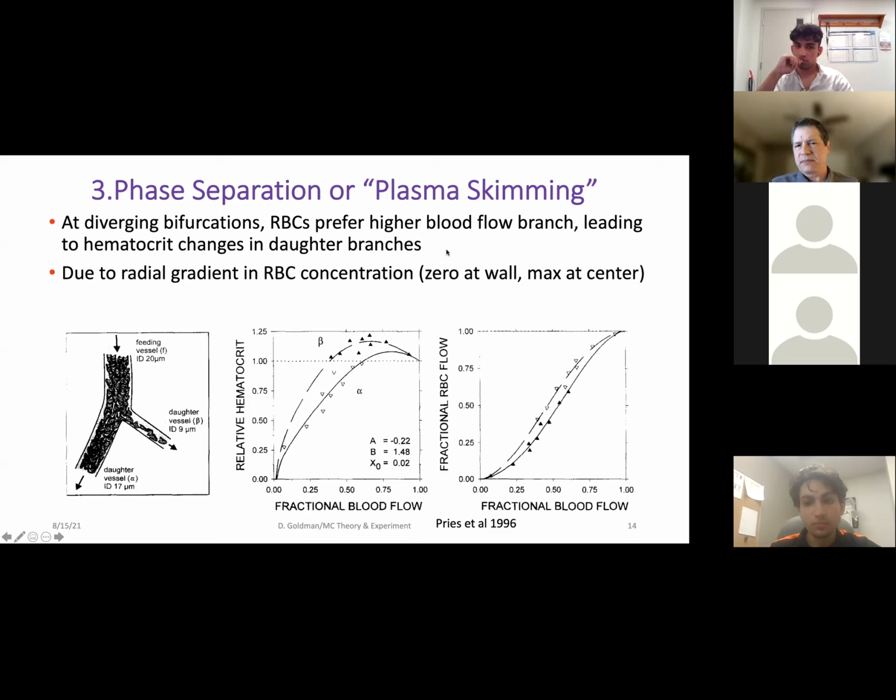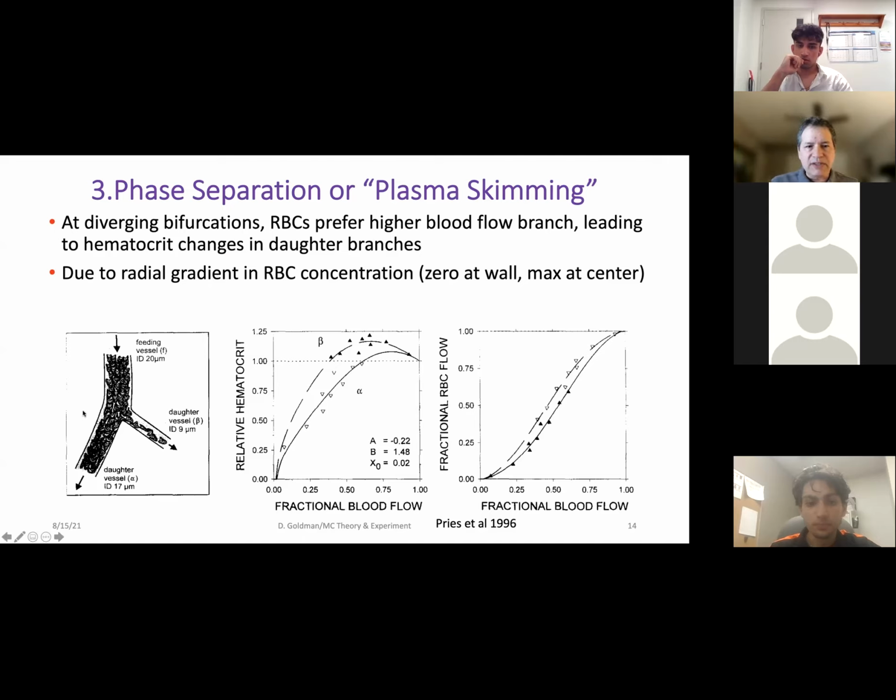Okay. Now, again, why should hematocrit care how much flow goes to each branch, right? So if you have a large artery, you have a division of flow, the diverging bifurcation, those two branches will still have the same hematocrit. Okay? It doesn't matter if one's really small, one's really big, hematocrit won't change in large vessels.